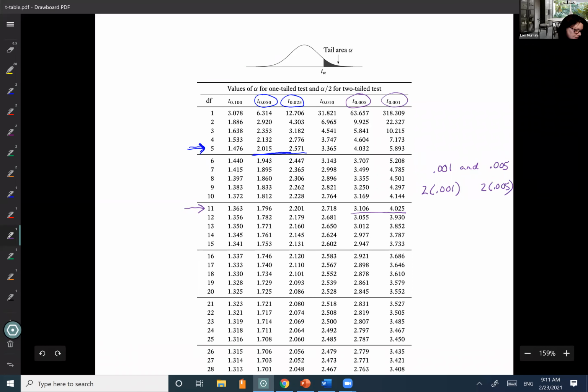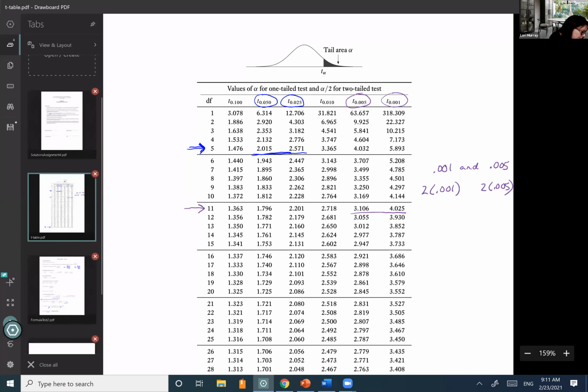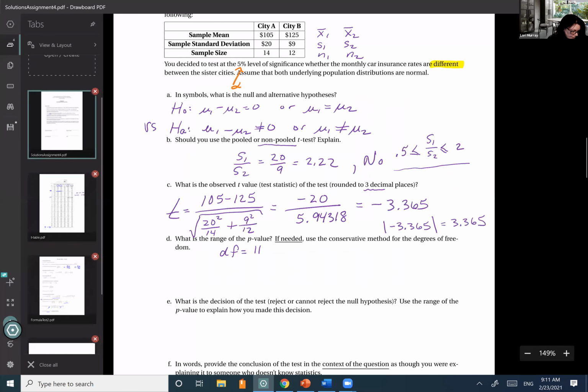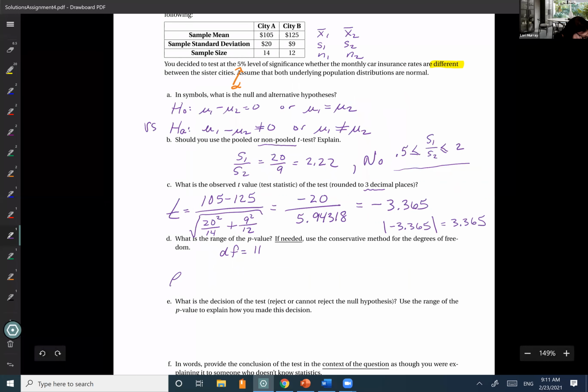Okay, so I'm going to take that information over to the assignment. So the p-value is between, so it's going to be 2 times 0.005. Actually, it's less than that.